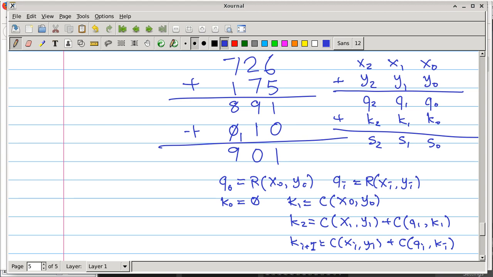Because now we know how to figure out the Q and the K's. The X and the Y's are easy. They're inputs, okay? They're just given to you. Here, start with this. But the Q's, well, we kind of have to do some computation to get to the Q's. The K's, yeah, we have to do some computations to get to the K's. But now the question is, how do we get to what we really want, which are the sum bits, the S? How do we get to the S? Well, let's figure out.